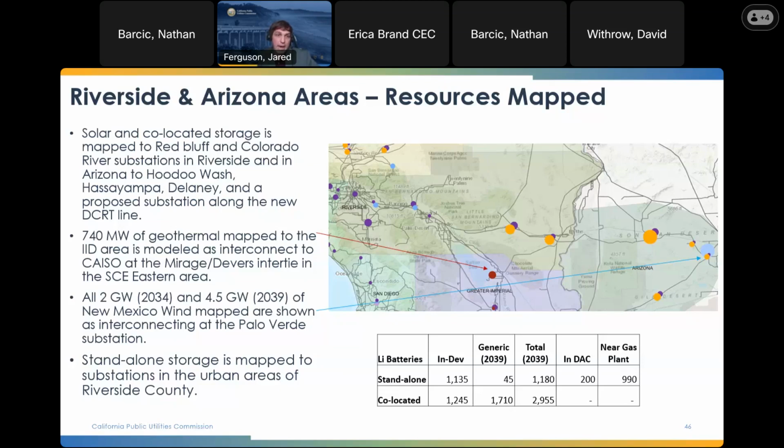We also have the 740 megawatts of geothermal mapped to the Imperial area, specifically the Salton Sea geothermal area. We have that interconnecting to the ISO at the Mirage intertie point, so the Mirage into Devers intertie in the SCE Eastern area. And then we also have some standalone storage at substations in the western side of the Riverside area. Next slide.